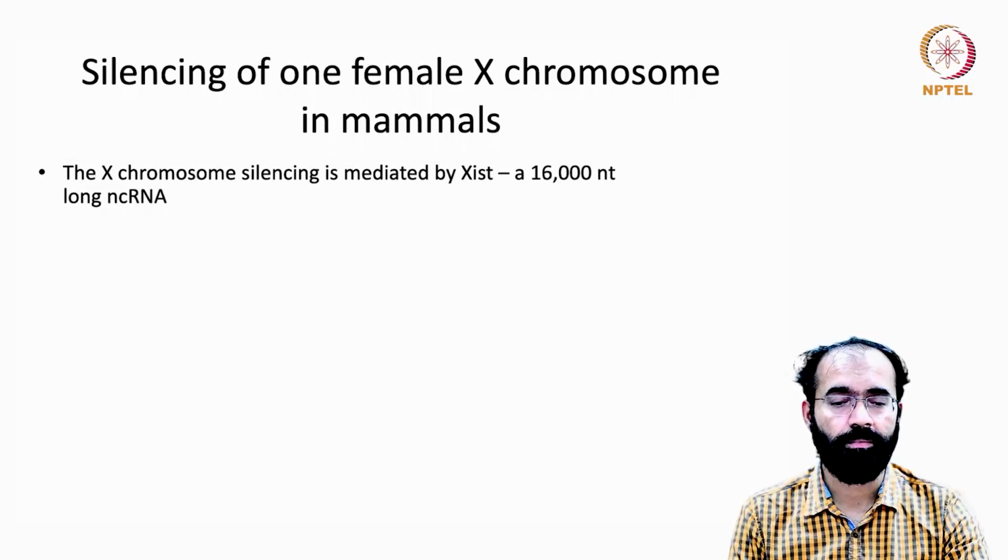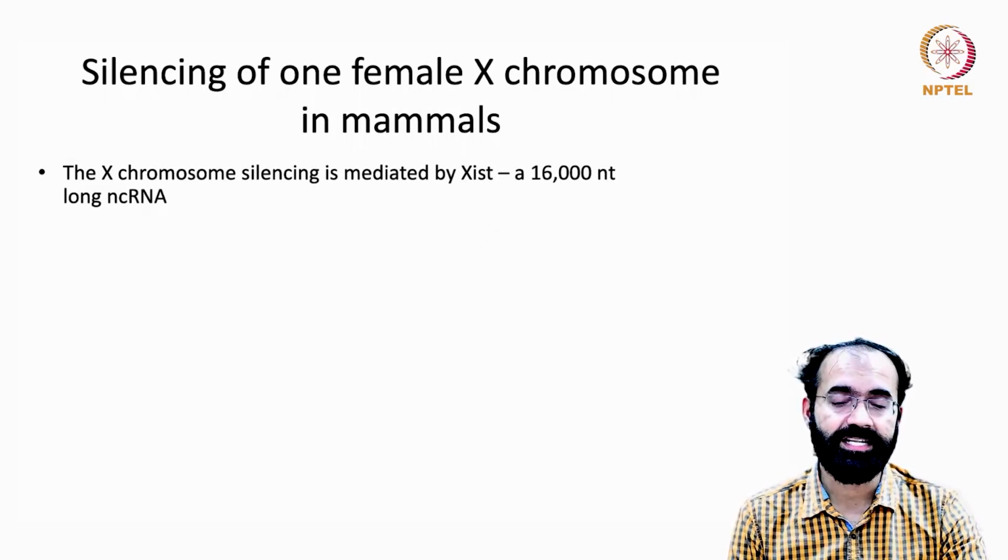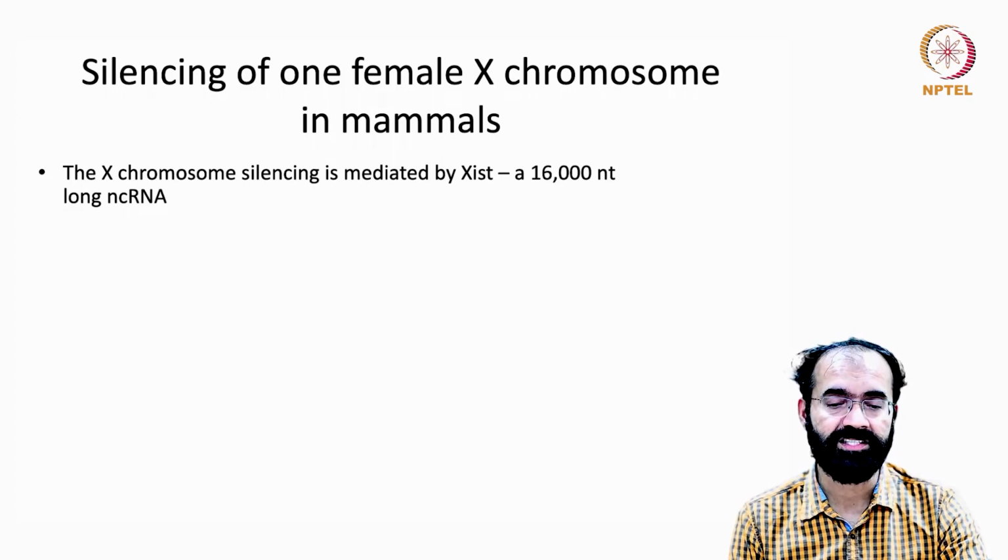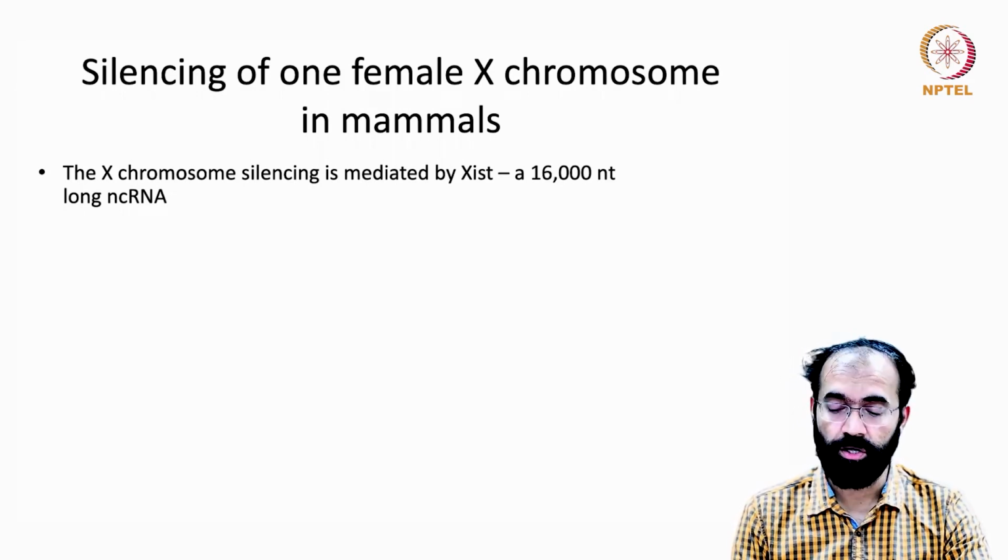The X chromosome silencing is mediated by a large non-coding RNA called Xist. What is Xist? X-inactivation specific transcript. So it's a short form of that long word, Xist, which is a non-coding RNA around 16,000 nucleotides long.